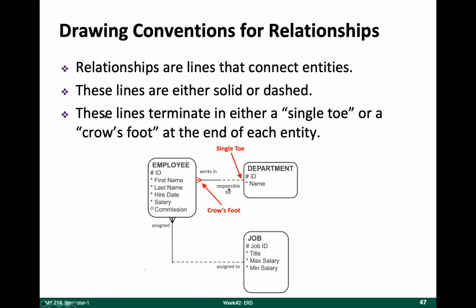So here you can see 6 things. This solid line is the mandatory sort of thing: each employee must have. This is the optionality thing. In optionality we have must or may. This dotted line means may, might be.